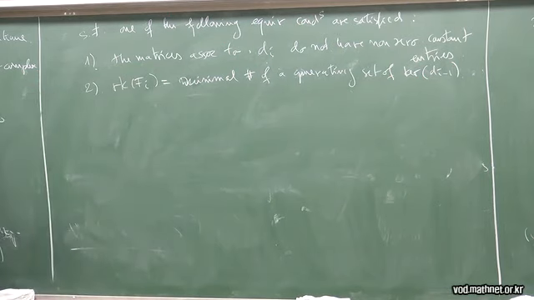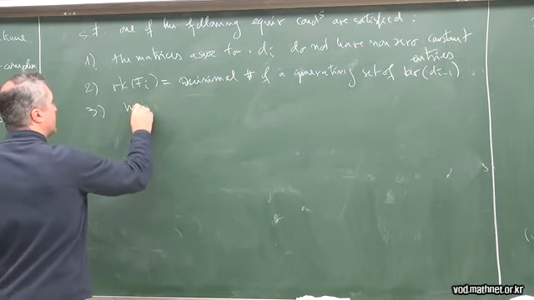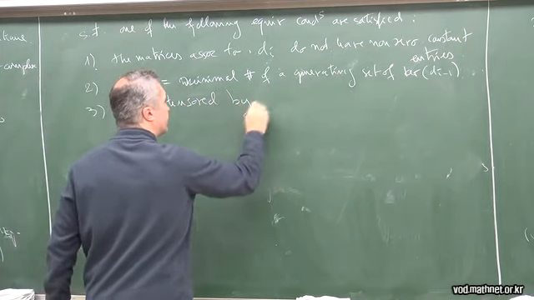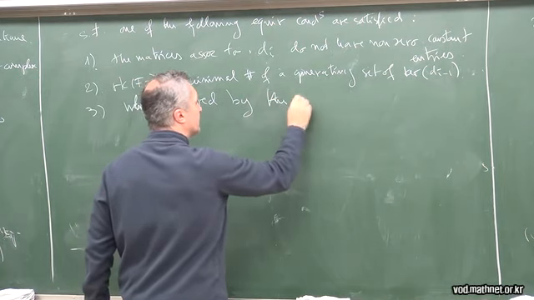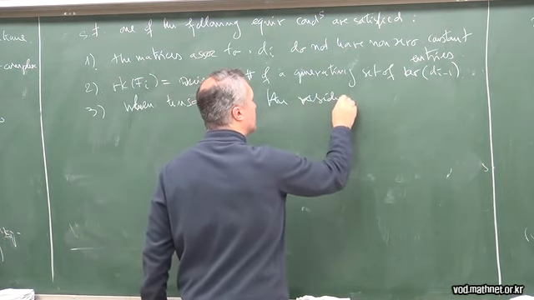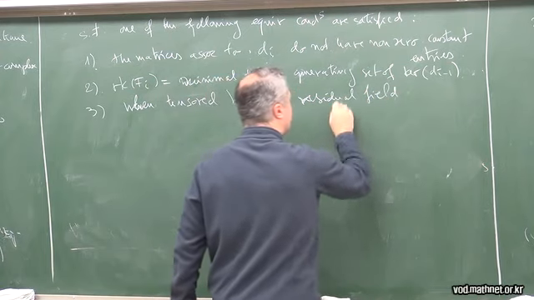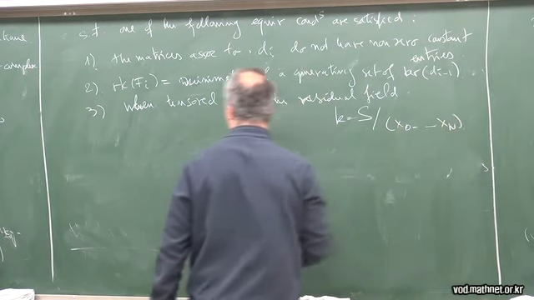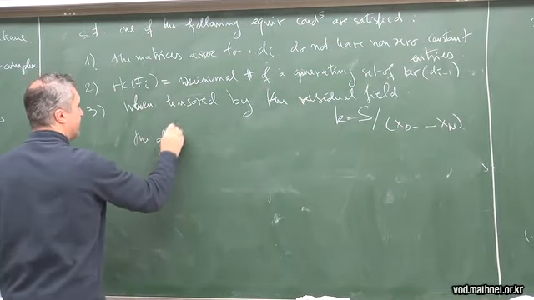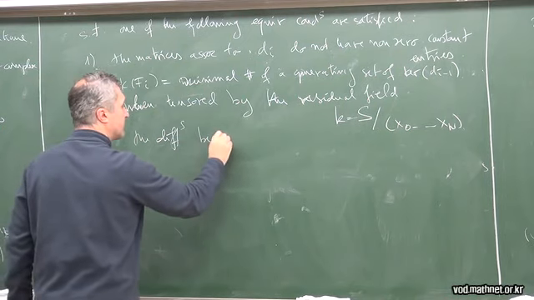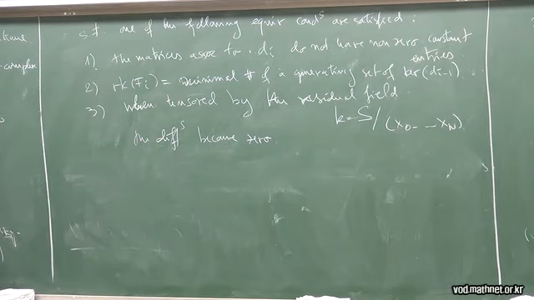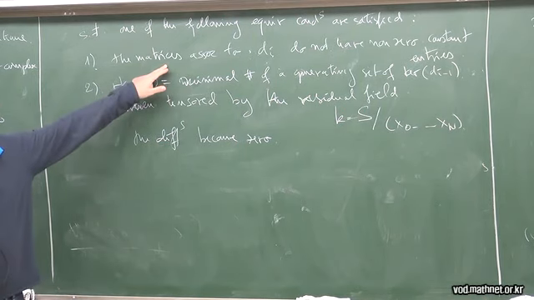Or the third one is that when tensored by the residue field k, which is S over the ideal generated by the variables, the differentials become 0. Because tensoring by the residue field means that we evaluate all these polynomials at 0.